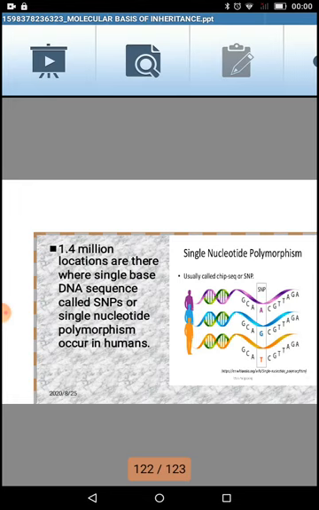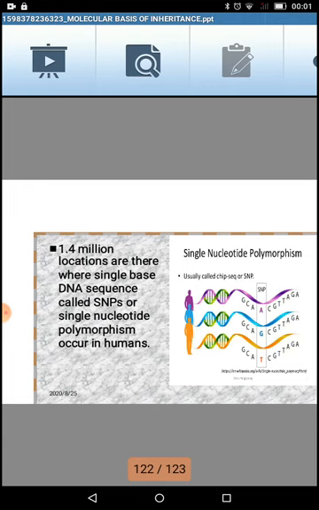Like in one organism it will be adenine, in another guanine, in another thymine. That means there are around 1.4 million locations where single-base variations like SNPs occur in human beings. They will have just single bases that are a little different from the continuation of the whole DNA.